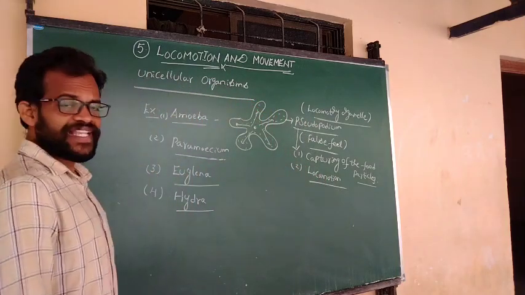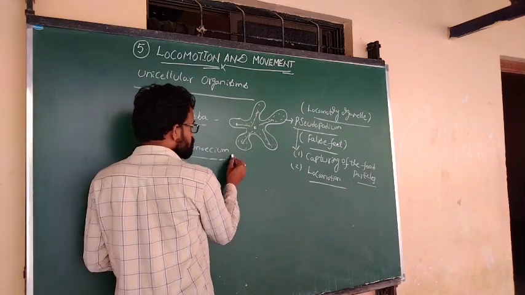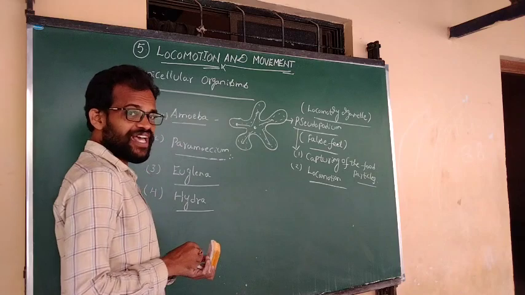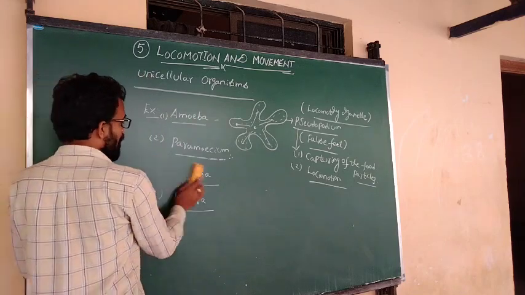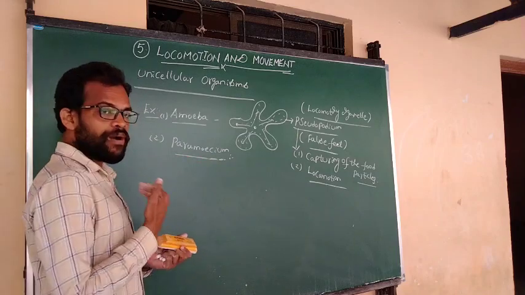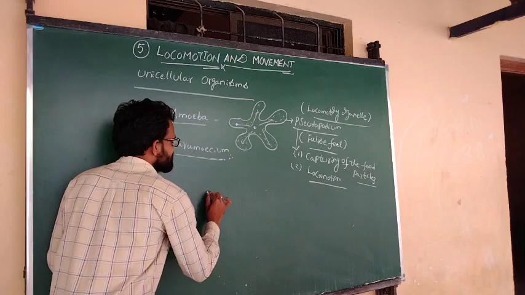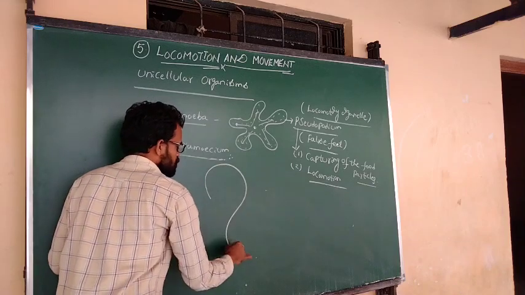Next, the second important unicellular organism, Paramecium. If you observe the Paramecium, what locomotory organelles are present? How does it move from one place to another?